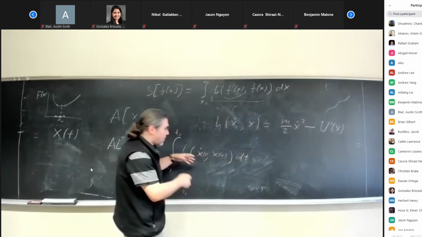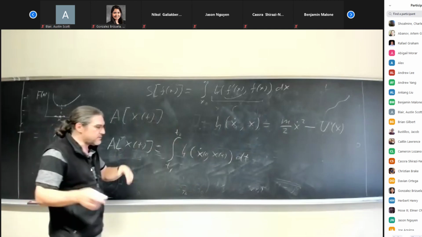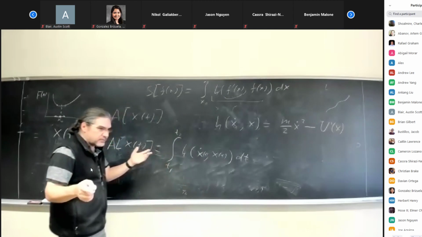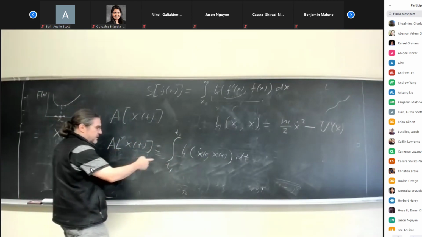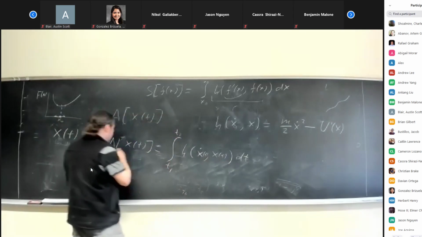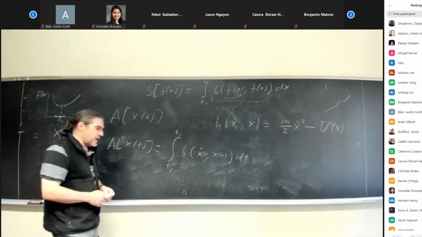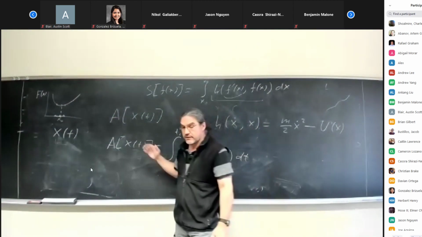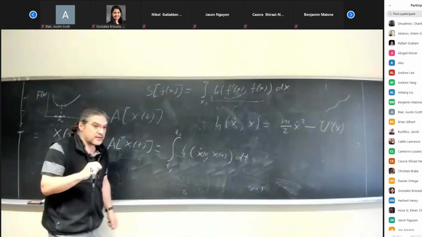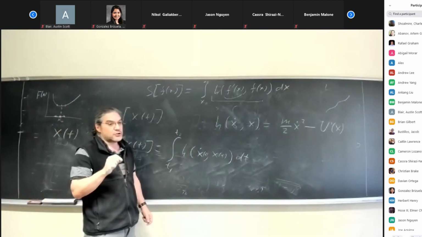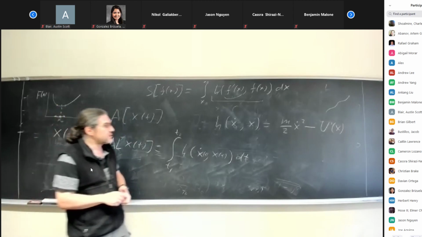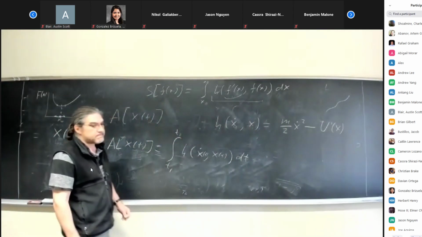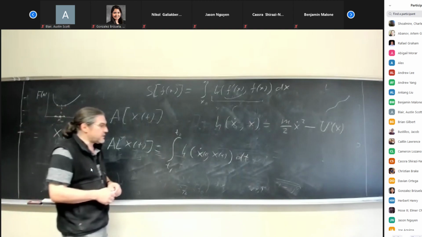Now if I take all the functions x of t, all the possible trajectories, I stick them all inside here and compute that number which results. Then I choose such a function which provides me with the minimum of the action. It turns out that it will be the true trajectory of my system in this potential field. Okay. So that's the Hamilton principle.